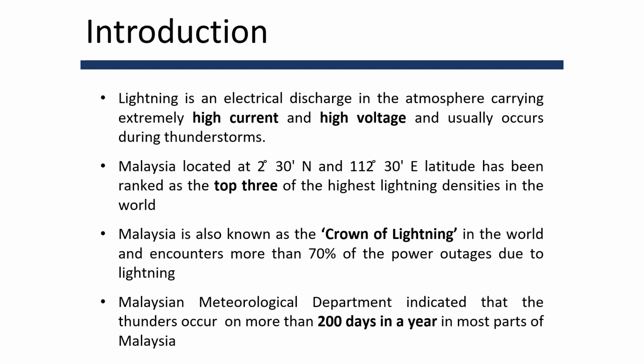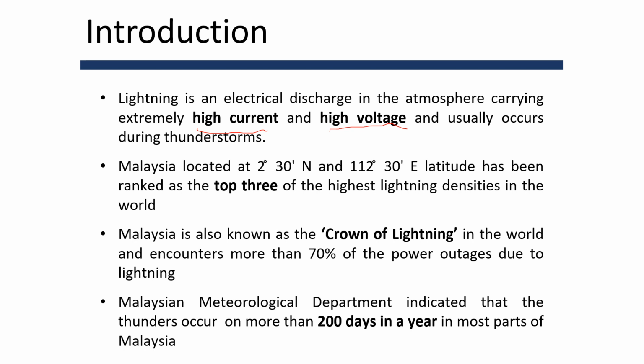For the introduction, lightning is an electrical discharge in the atmosphere carrying extremely high current and also high voltage, and usually occurs during thunderstorms.